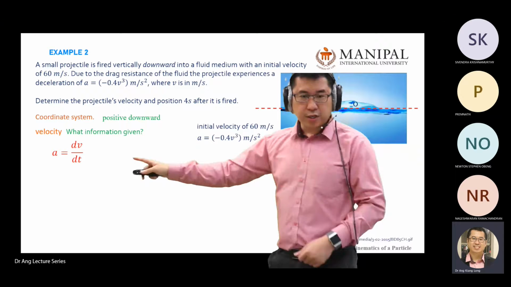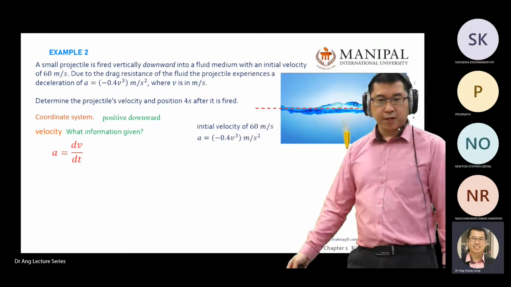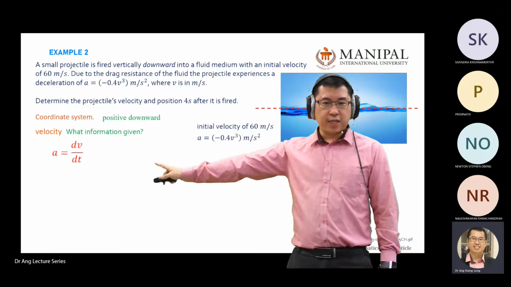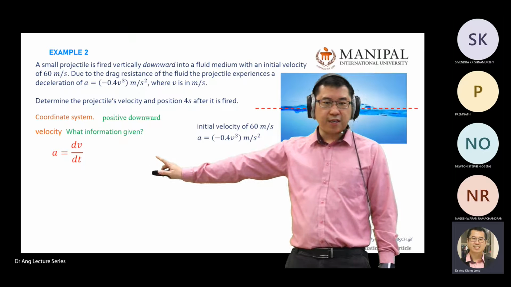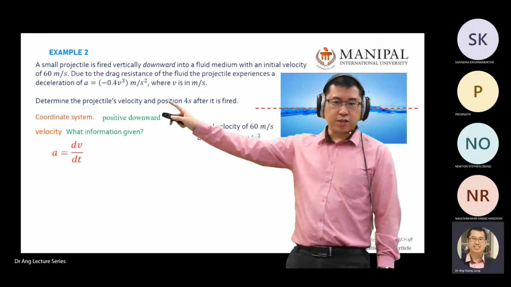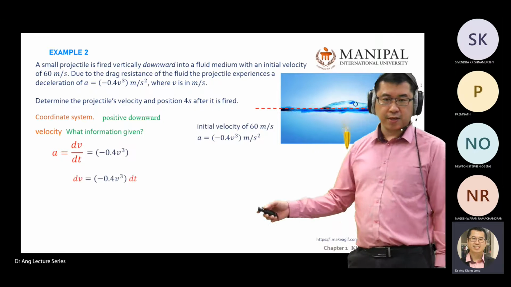Recall the definition of acceleration, a equals dv dt. Rearrange the equation. You pull the dt to the left, and you can see you have dv equal to a dt. Then, because the question asks you to solve for velocity, you just integrate the equation.